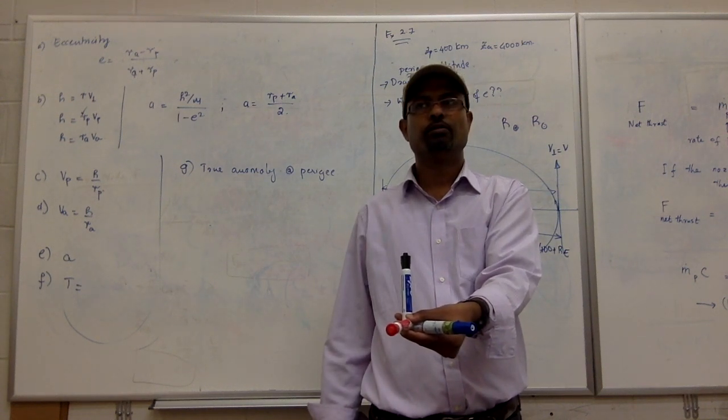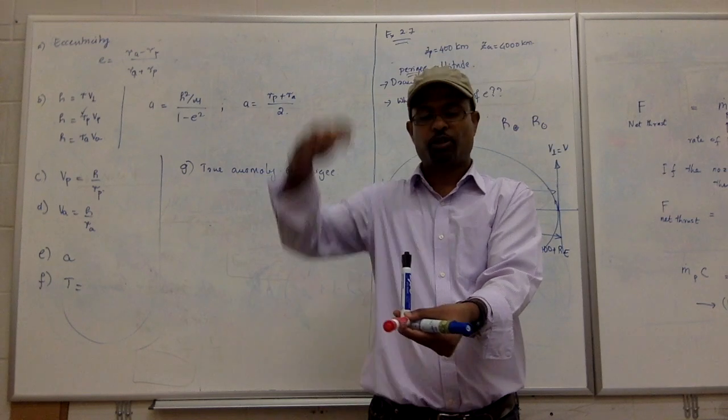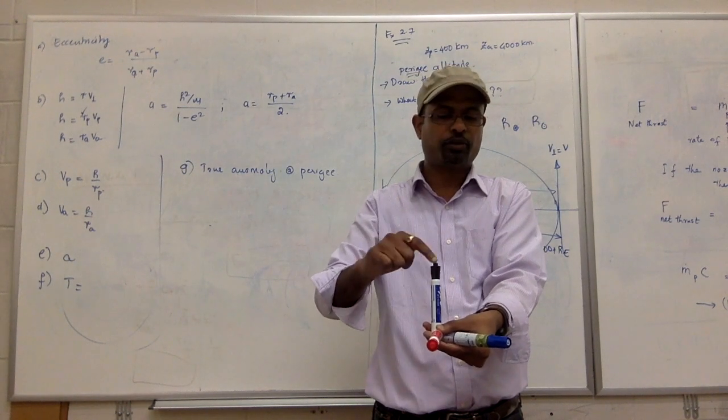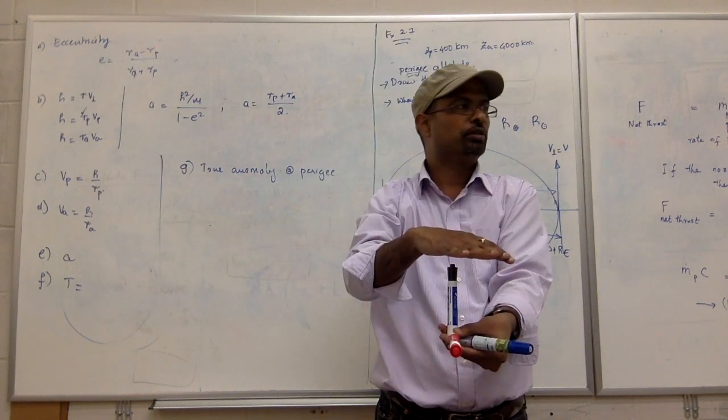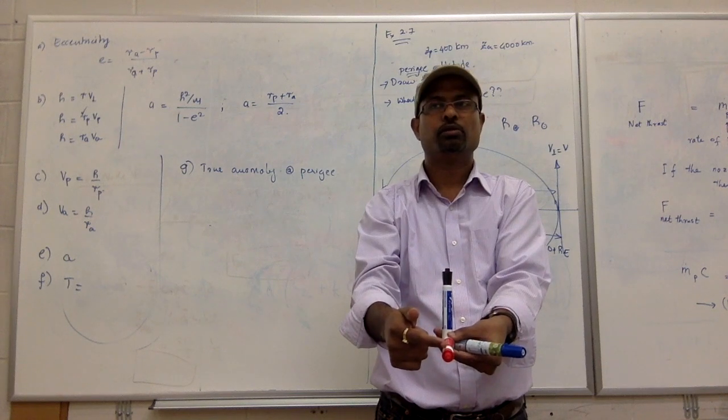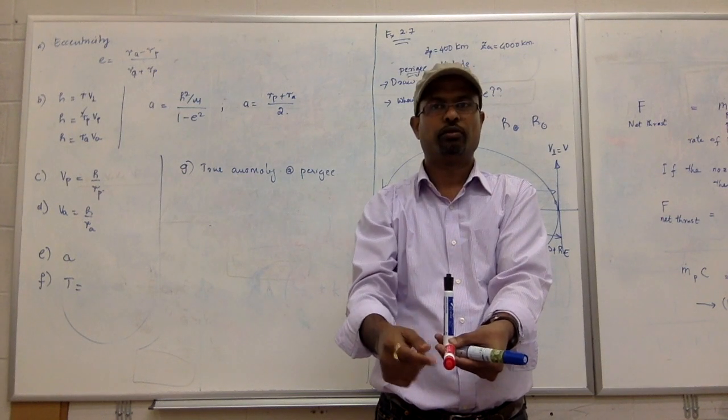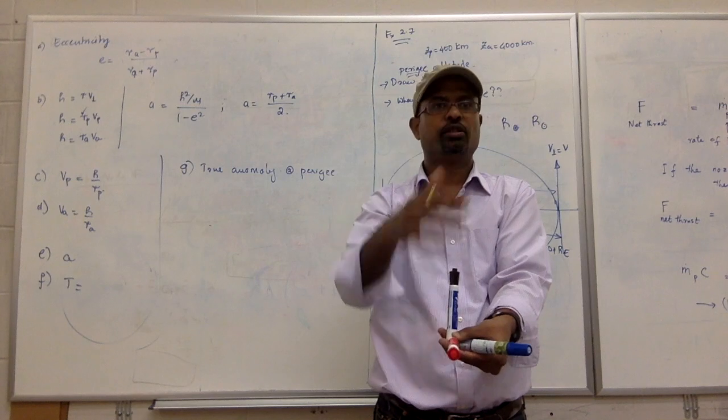What is the projection of this on this? Zero. If there is a light falling on this, the projection of this on this will be zero. When the angle is 90 degrees, the projection is 0.